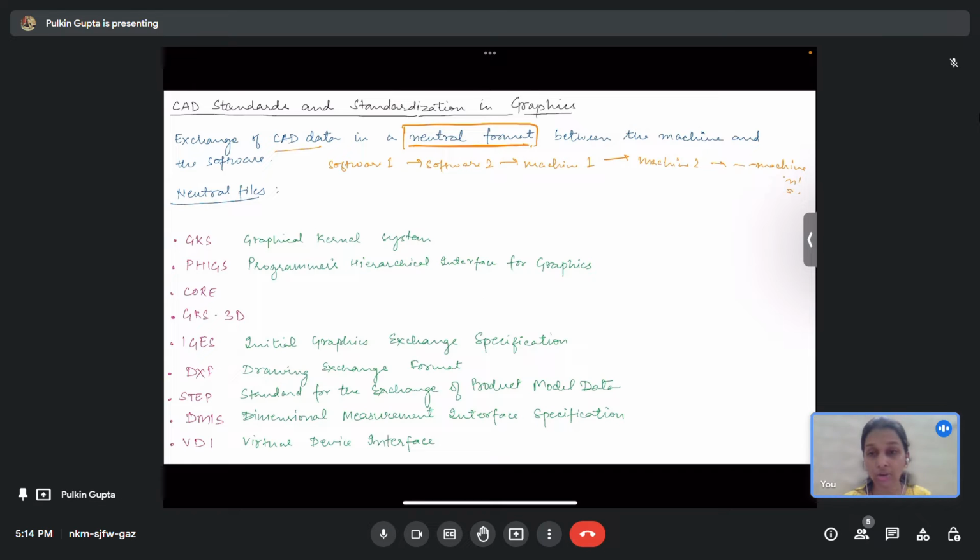So first is GKS, the Graphical Kernel System.